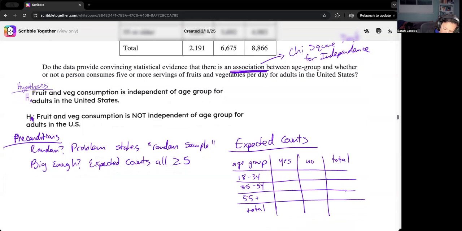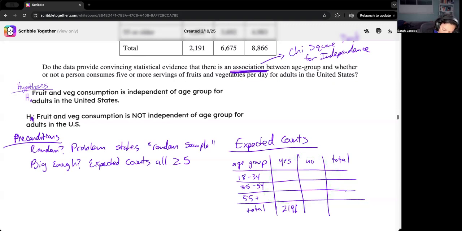In a lot of cases, in this question, it would be very boring if we just stopped at the preconditions. That would be pretty unlikely for the College Board. So I have been just going forward with the test and then filling this in after my matrix is done, because the calculator makes that expected values matrix for you.